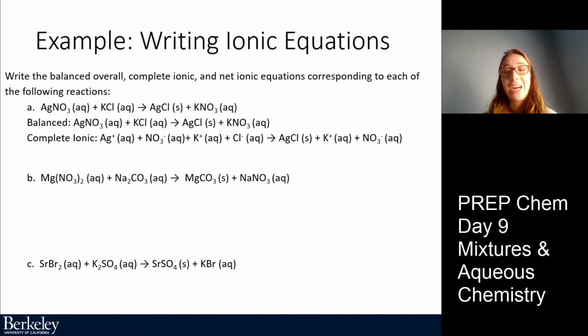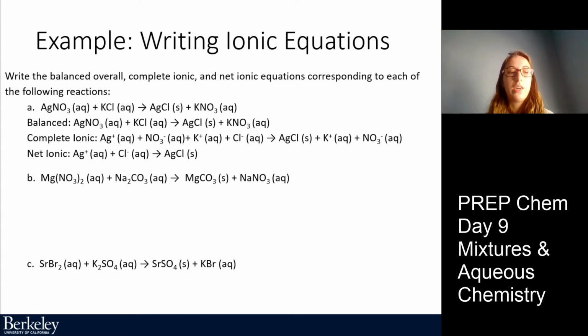And after the reaction, you still have potassium cations and nitrate anions in solution. So they aren't actually reacting, right? They are the same before the reaction as they are after the reaction. So for that reason, they're called spectator ions, and you would just cancel them out when you write the net ionic reaction. So in this case, our net ionic reaction would be silver cations plus chloride anions, which goes to the silver chloride solid.